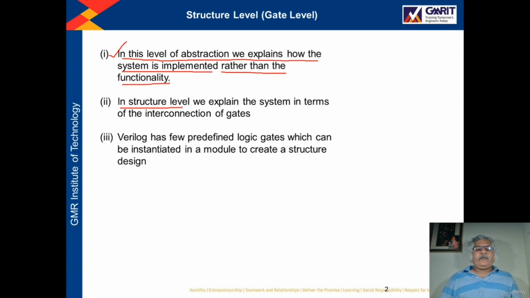In structure level, we explain the system in terms of the interconnection of gates, right? So just now I said the same thing. Verilog has a few predefined logic gates which can be instantiated in a module to create a structure design.